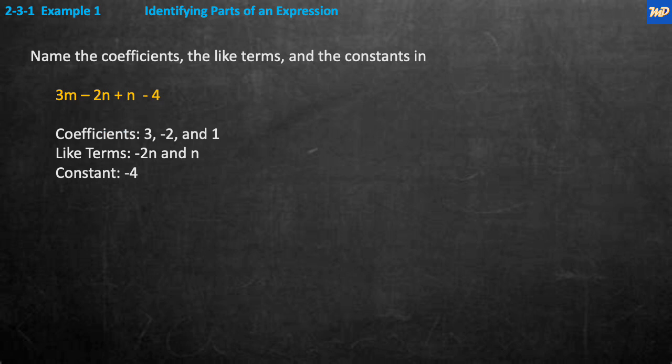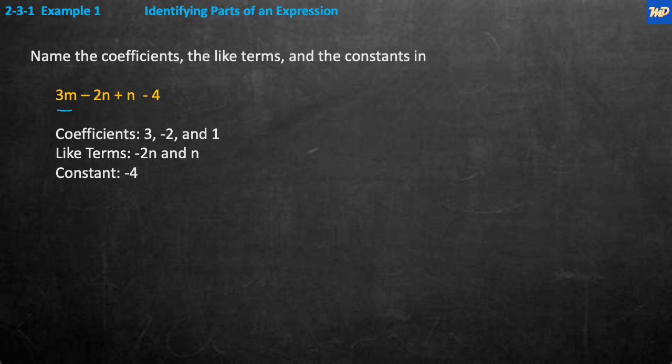So example 1, identifying parts of an expression. Name the coefficients, the like terms, and the constants in the following expression. We have 3m, that's a positive 3m, we have minus 2n, plus n, minus 4.